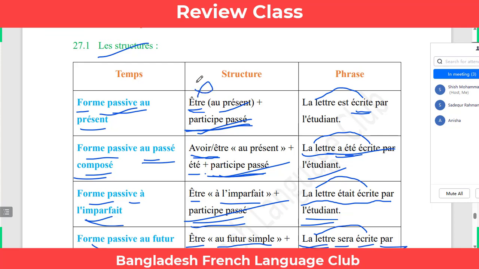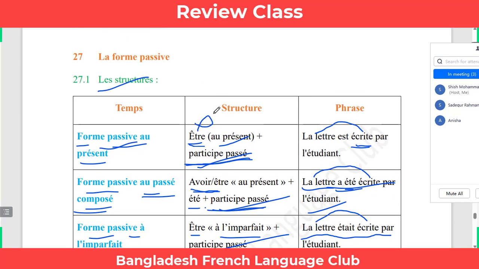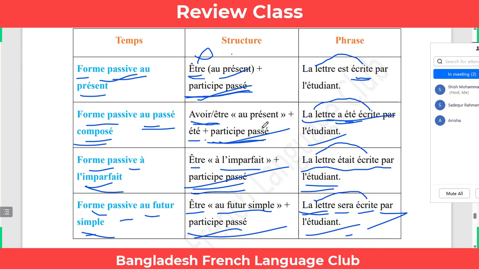The second thing is the subject agrees with the principal verb. And the third thing is that the principal verb will always be in the participe passé form. If you remember these three things, then the passive is totally okay.